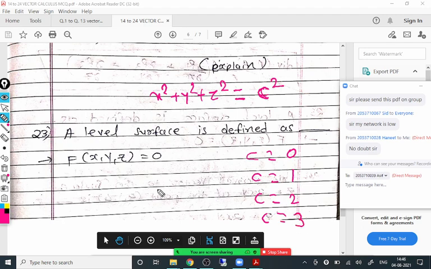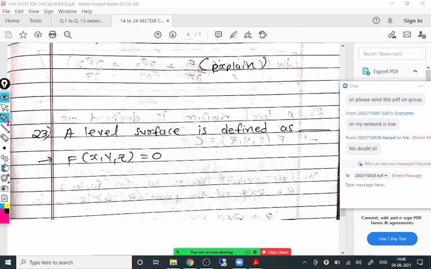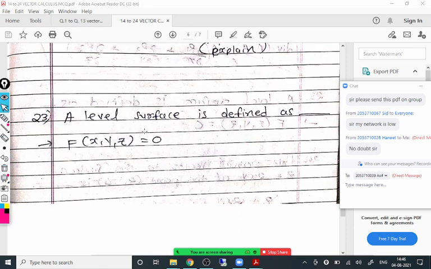So you are getting level surfaces, first a point, then another sphere, then an outer sphere, and so on, parallel to each other. So the level surface is f of xyz equal to constant, not only 0.